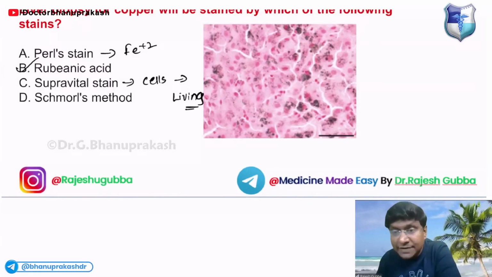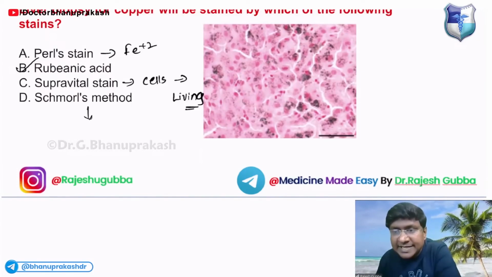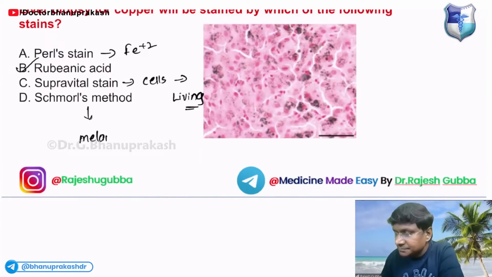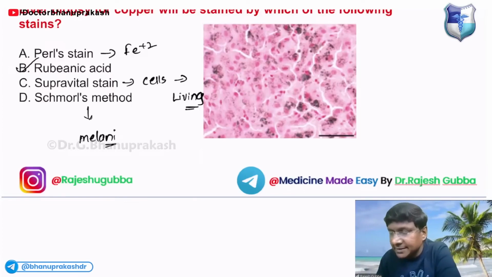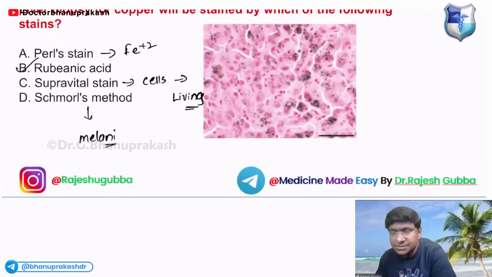Next is Schmorl's method, which is mainly to detect melanin. So that is about hemochromatosis, it is Pearl's stain.